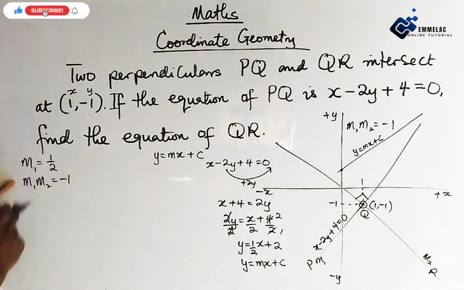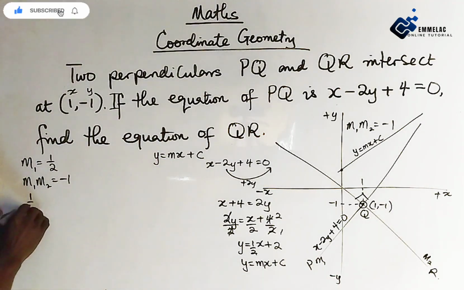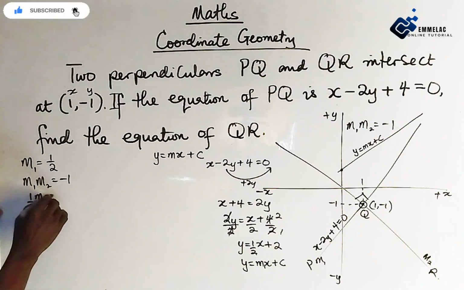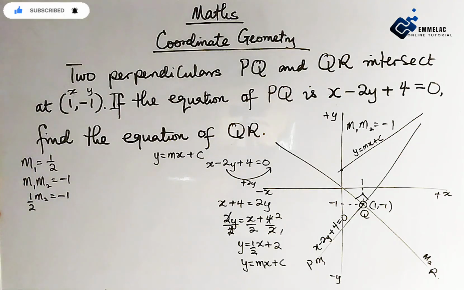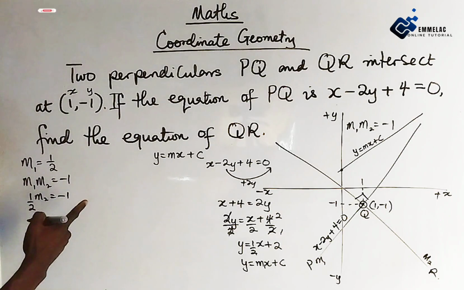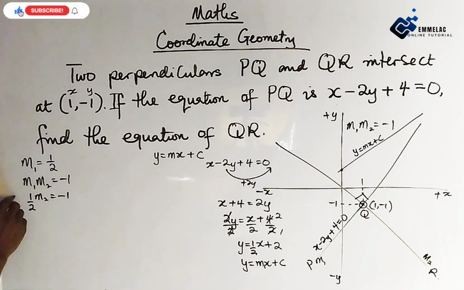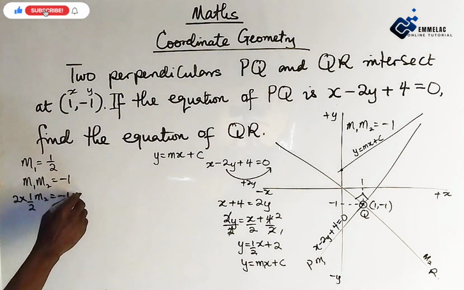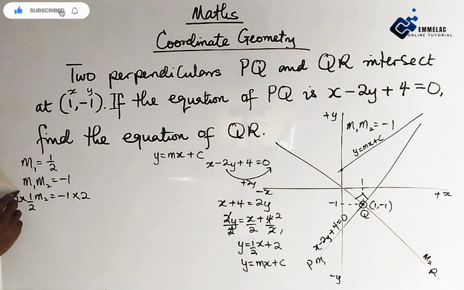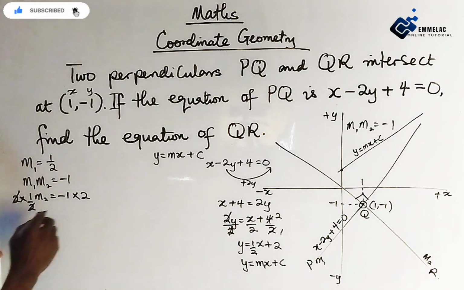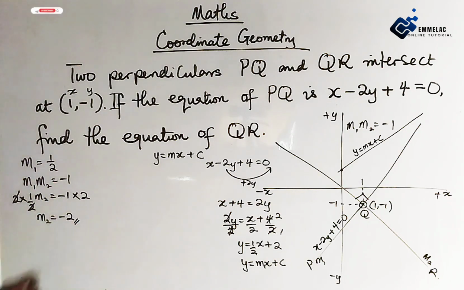So let us plug in the value of m1, which is 1 all over 2, then m2 equals -1. If we cross multiply, or multiply both sides by 2, this will eliminate this, so our m2 now equals -2.